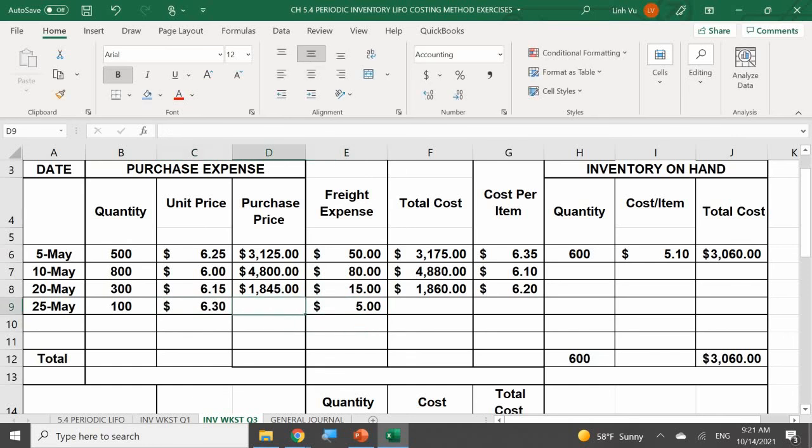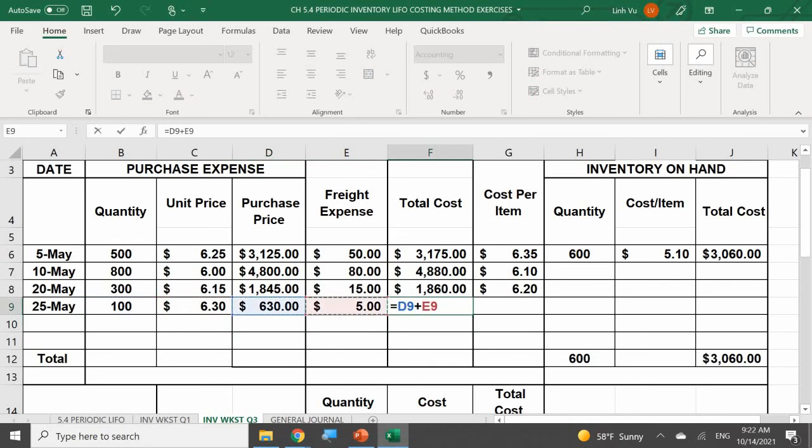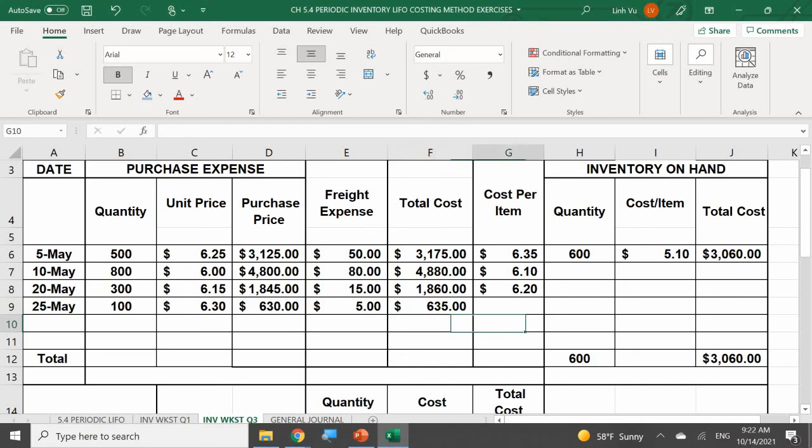What's my total purchase price here? $630, plus $5 to give me a total cost of $635, giving me a cost per item of $6.35.